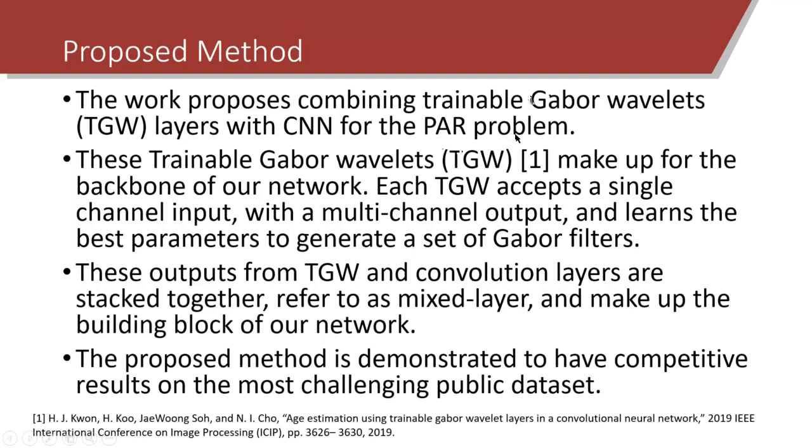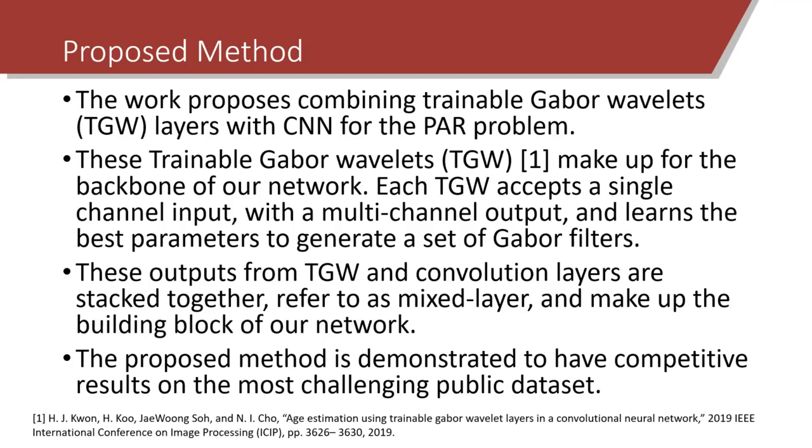These trainable Gabor wavelets are basically the backbone of our network. As we'll see in a minute, each of these wavelets accepts a single channel input. So even if you have a colored image, we'll convert it into grayscale so that it will be a single channel input. The output will be multi-channel.